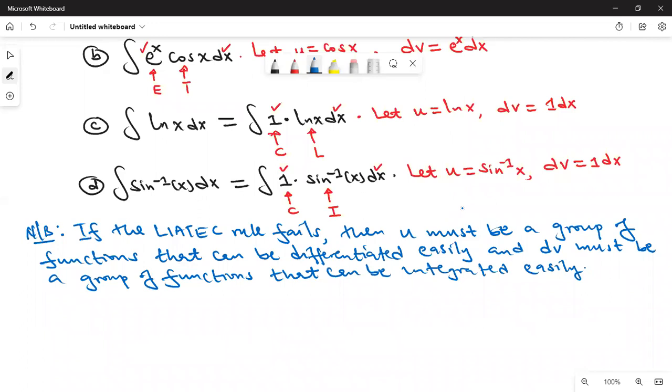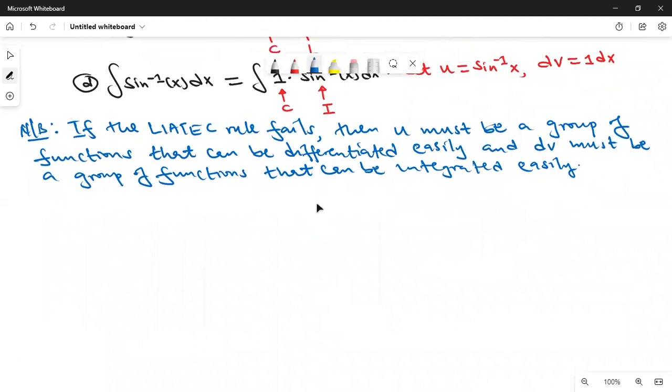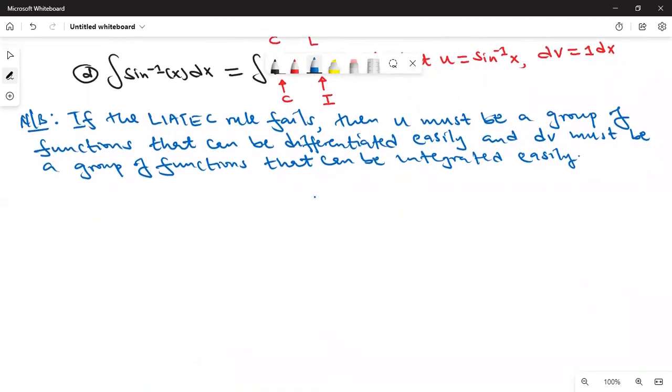So I want to explain that using another integral, just to show you that in this integral we cannot use the LIATE rule. Let me give you an example to illustrate this note.